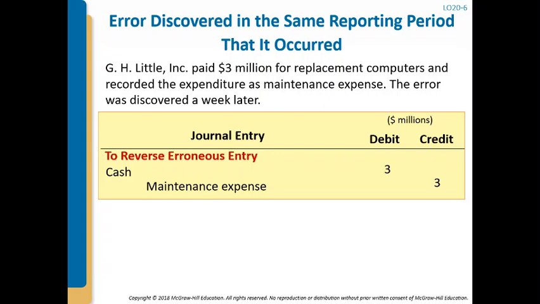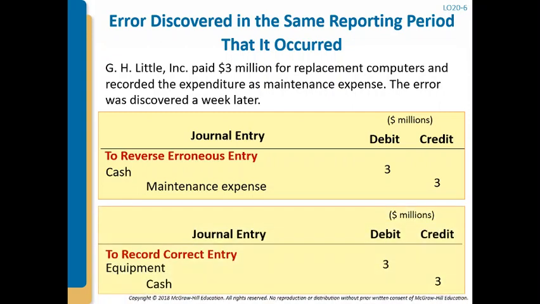And so what you're seeing here is the reverse entry. The original entry was debit maintenance expense, credit cash. Well, they simply reverse that entry and record here equipment, debit, credit to cash.